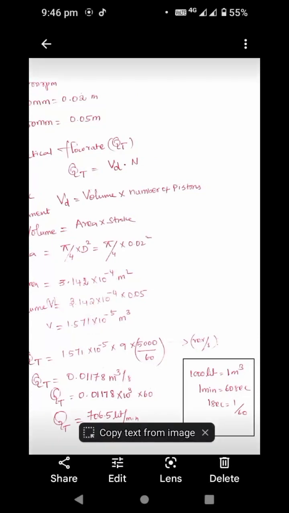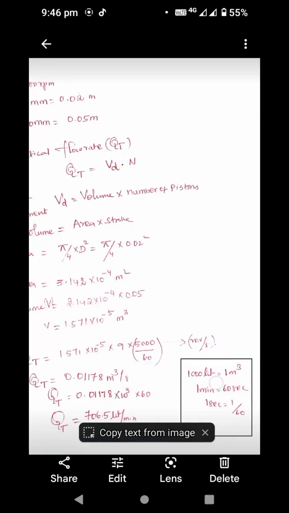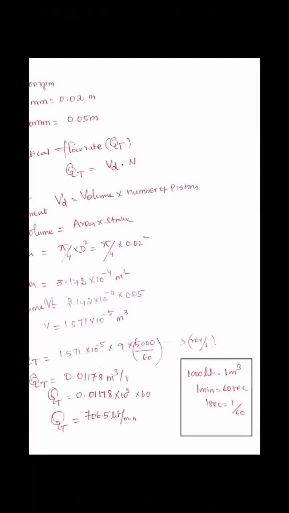But in this particular question they asked the answer in terms of liters per minute. In terms of liters per minute, we convert the meter cube per second. We already know 1000 liters equal to 1 meter cube, so in 1 meter cube we apply 1000, that is 10 power 3, and 1 minute is equal to 60 seconds, so 1 second is equal to 1 by 60.